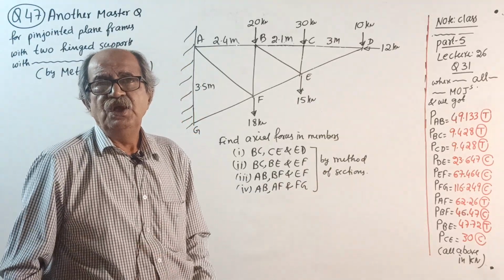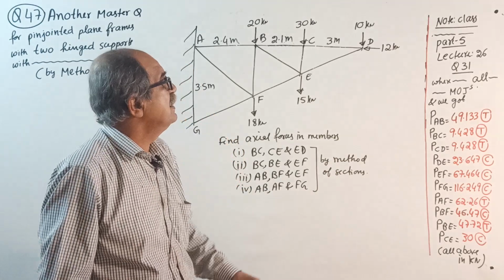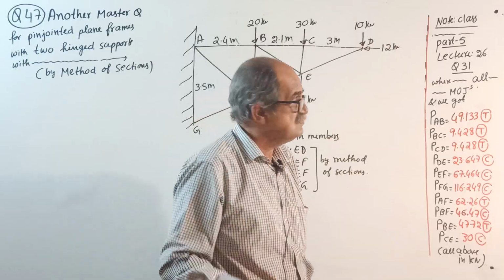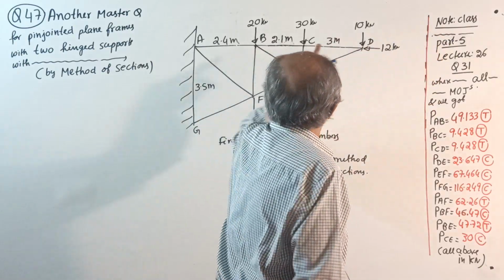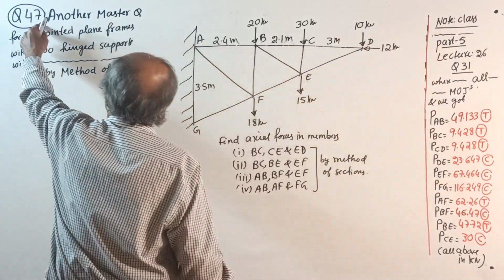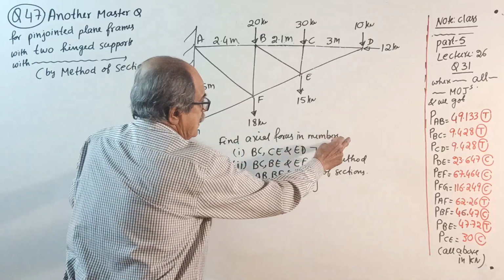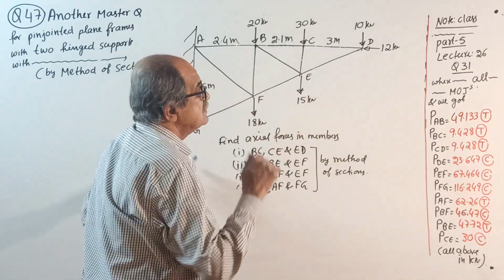Now, before you proceed further, make a note. I will dictate in the class. This question we are solving today, question 47, they want us to solve by method of sections.